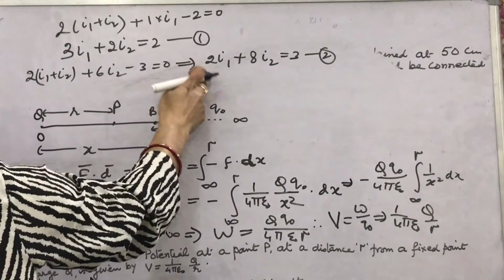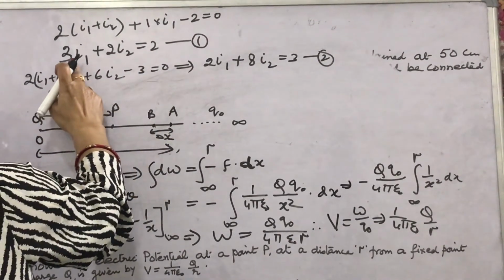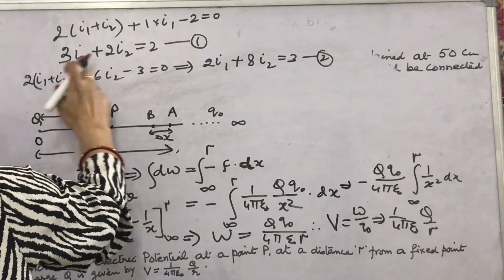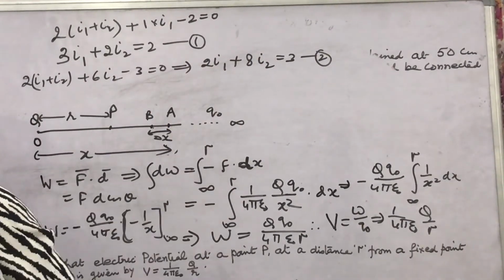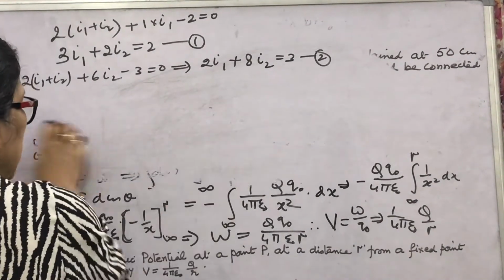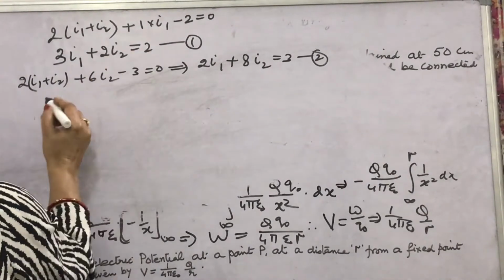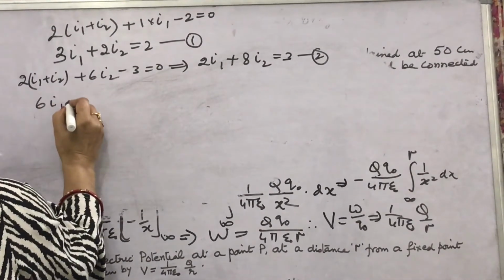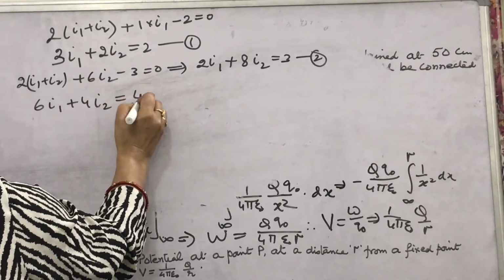How to solve these equations? Simple. Multiply equation 1 with 2 and equation 2 with 3 and subtract. Equation 1 multiplied with 2 gives 6 I1 plus 4 I2 equal to 4.